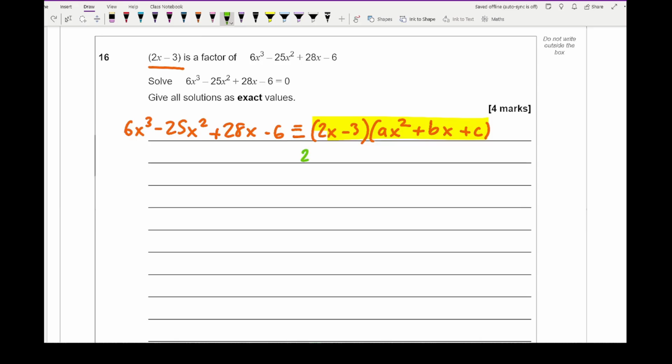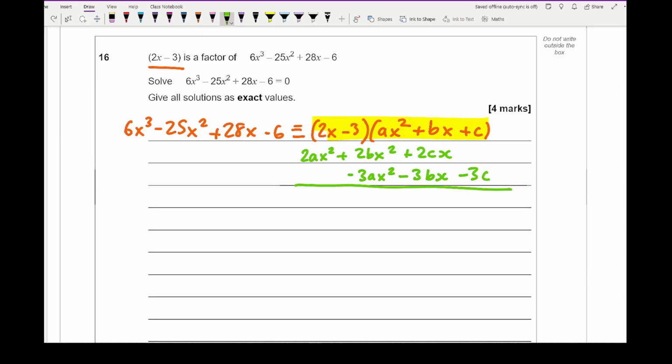So what we end up with is 2ax cubed plus 2bx squared plus 2cx. Then multiplying everything by minus 3, we get minus 3ax squared minus 3bx minus 3c.